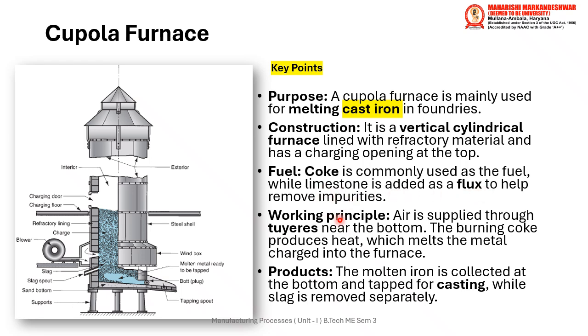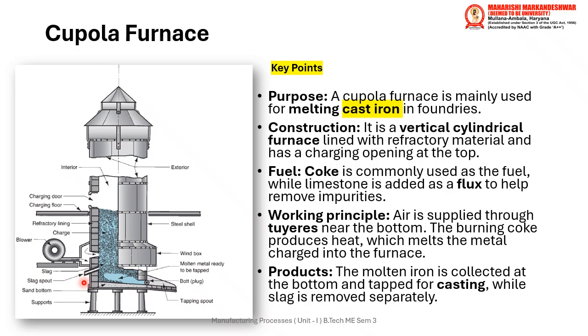What is the working principle? Air is supplied at the bottom, and the burning coke produces heat, which melts the metal into this section. So basically we can divide this cupola furnace into a number of sections: the bottom section, the mid section, and the top section. Now the bottom section is supported by the pillars. Then it has, you can say, the sand at the bottom.